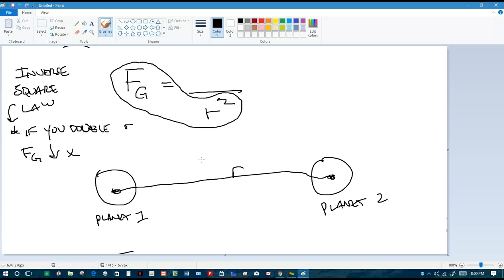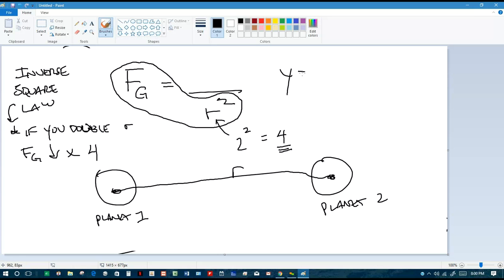Imagine putting the number 2 in here now, and then apply the square. It goes down by a factor of 4, right? Okay. Let me show you something else.